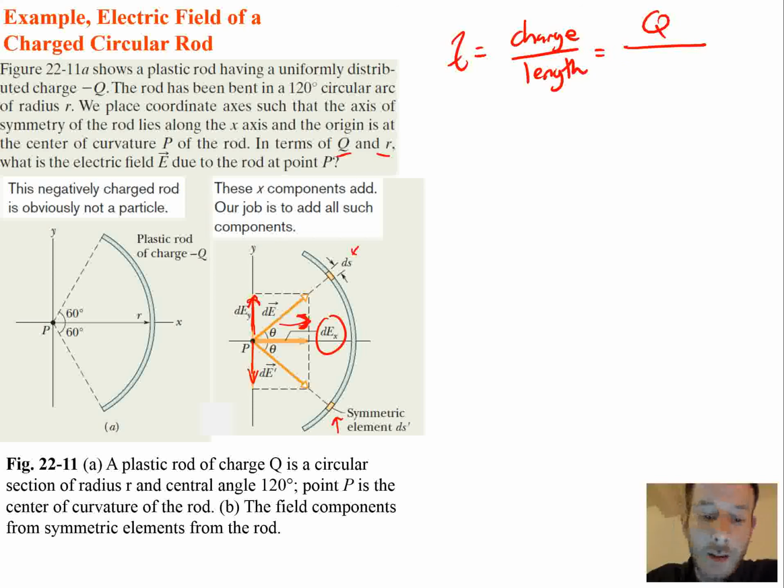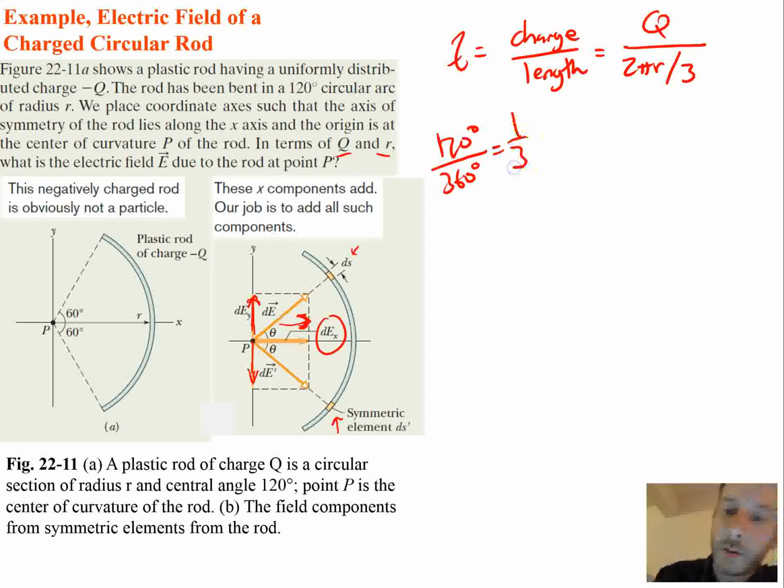And our length in this case is going to be 2 pi r divided by 3. So how did I get that? Well, the whole circle would be 2 pi r, because that's the circumference of a circle, and 120 degrees of 360 degrees is 1/3. So that's where the 1/3 comes from. Okay.